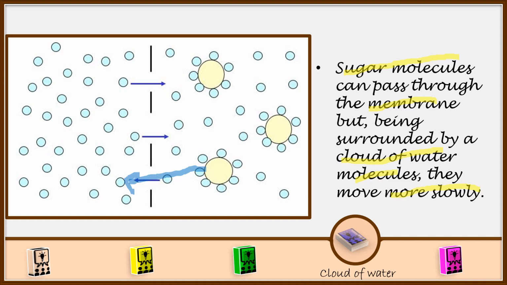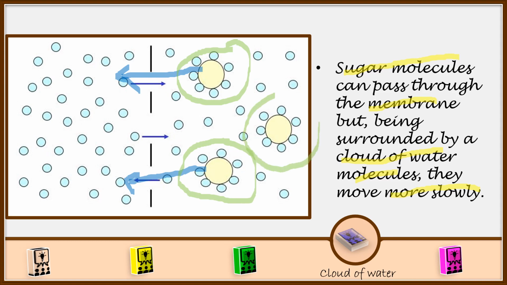But the problem is that these sugar molecules are surrounded by water molecules. And because they are surrounded by water molecules, their movement is going to be very slow. So they will be moving very slowly compared to these water molecules on this side.